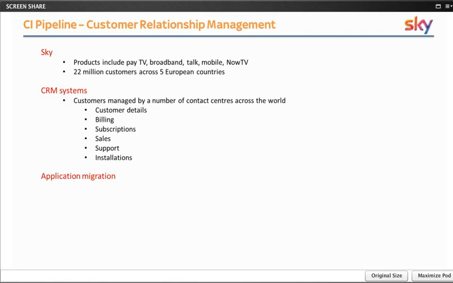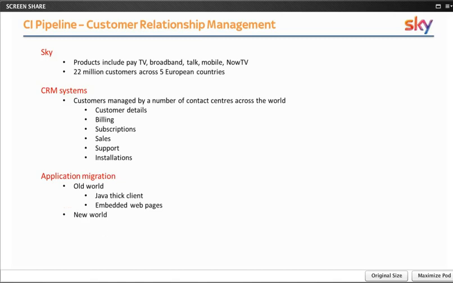Now, this CRM system, over the past couple of years, we have been implementing a migration of. So we've been going from an old world where it was implemented in a Java 6 client, which we progressively added some embedded web pages to.